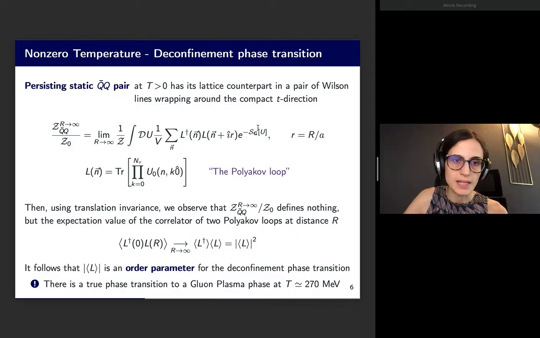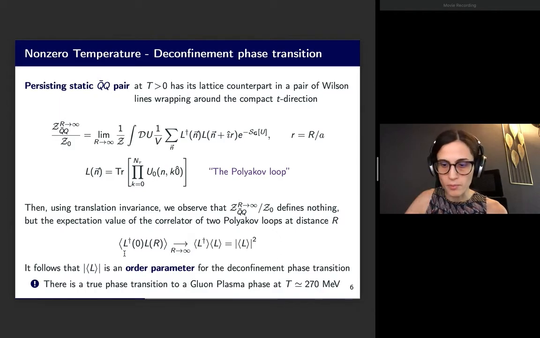So it's basically a rewriting of what we had in this expression, just using translation invariance to set the coordinates to 0 and r respectively. And in the limit of r that goes to infinity, we have cluster decomposition that ensures that this expectation value of the product is just the product of the two expectation values, which then leads to the absolute value squared of the average of the expectation value of the Polyakov loop.